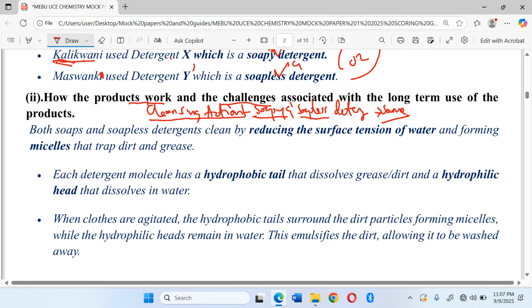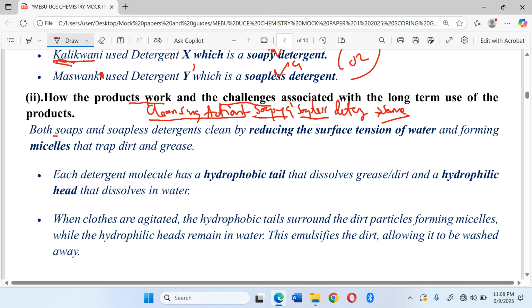What differs is that one is more effective while the other is not as effective. We say that soapless detergent is the more effective one, because of its composition in the hydrophilic part, or the polar head. We shall look at that later. So let's look at how it works.